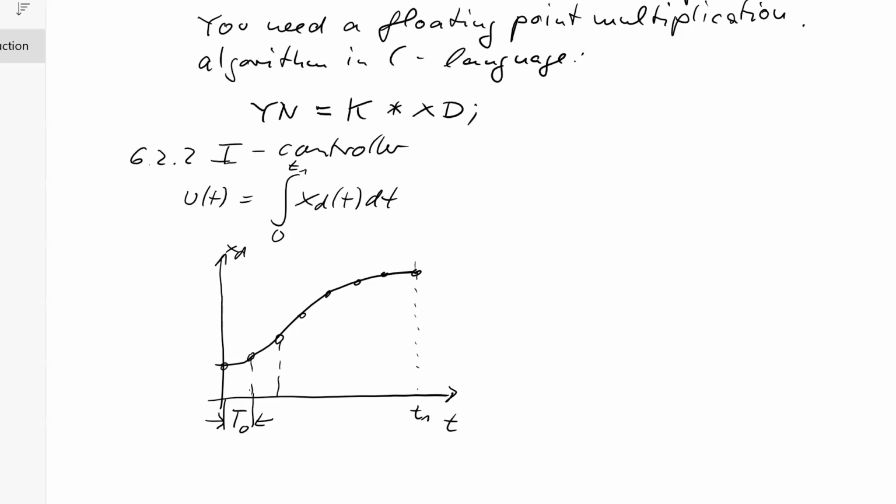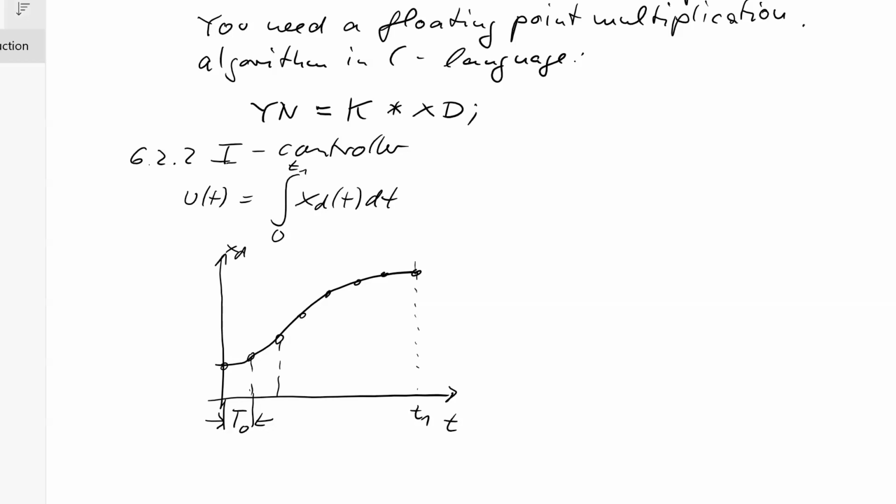Assume this is the actual time point t1, and I want to have now the integration from starting point 0 to actual time t1. You know the integral of xd of t dt is nothing else than the area under this curve.